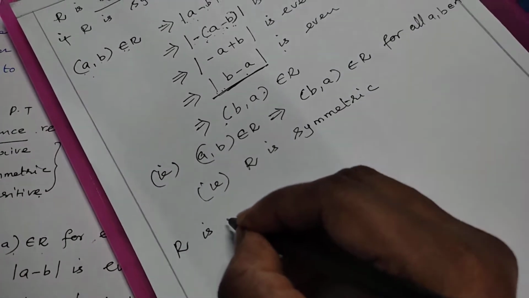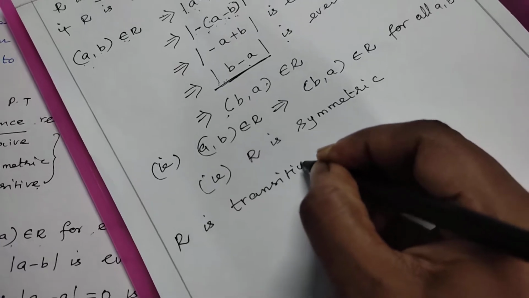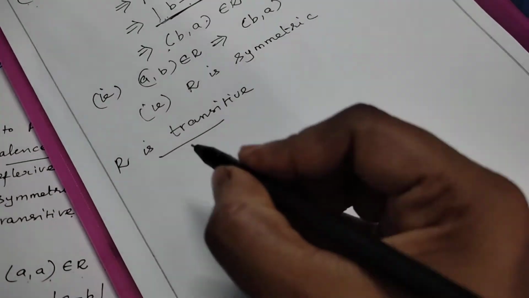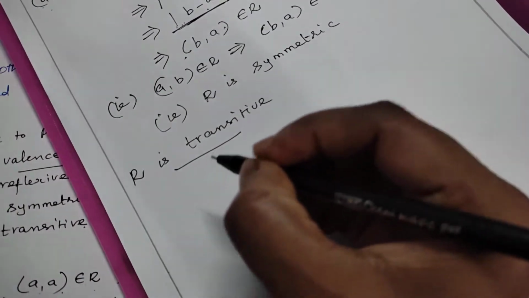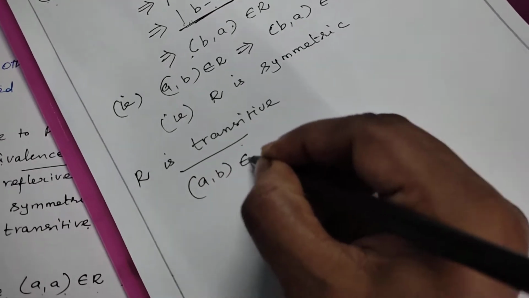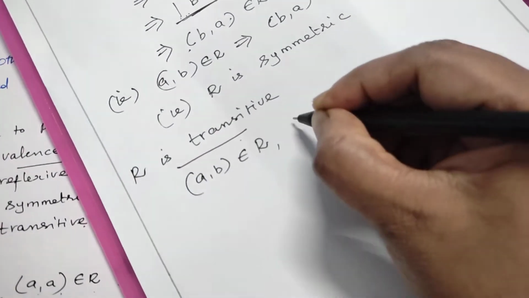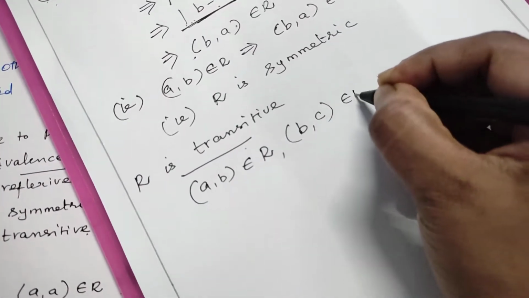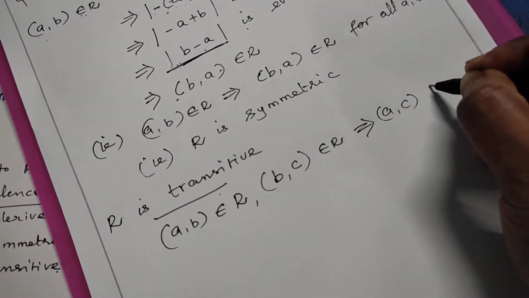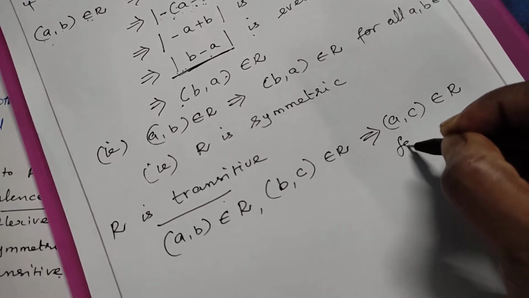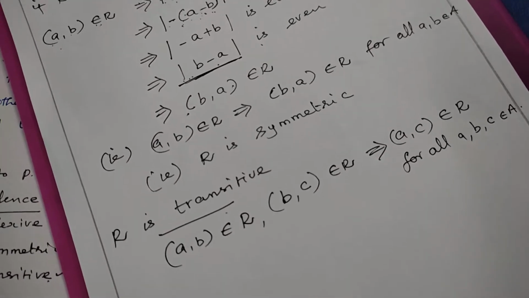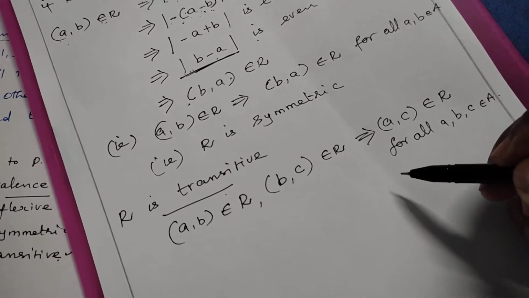R is transitive. We know that R is transitive means if A comma B belongs to R and B comma C belongs to R, then A comma C belongs to R for all A, B, C belongs to the given set A. This is the transitive condition.